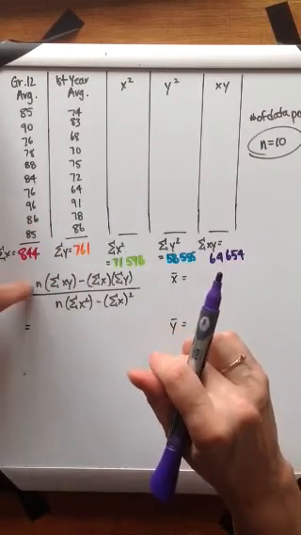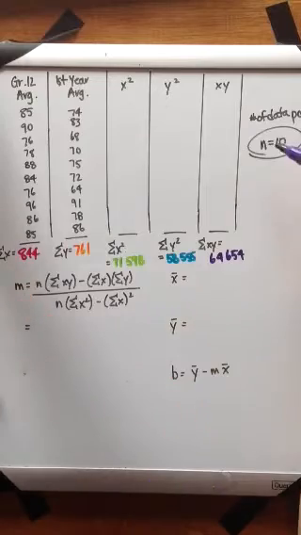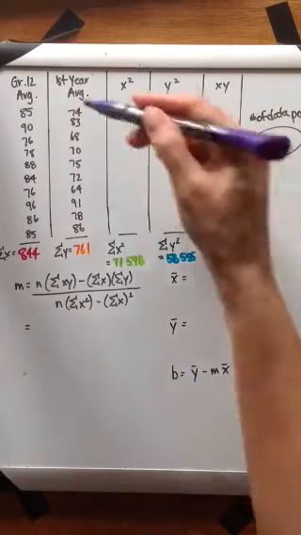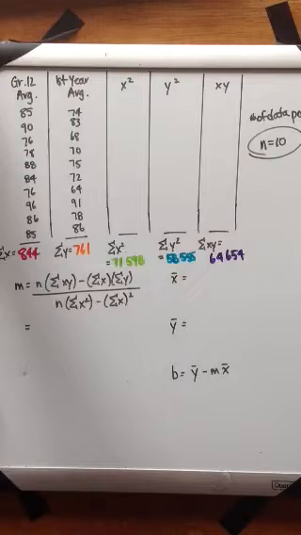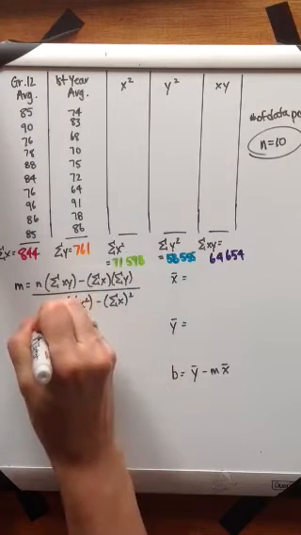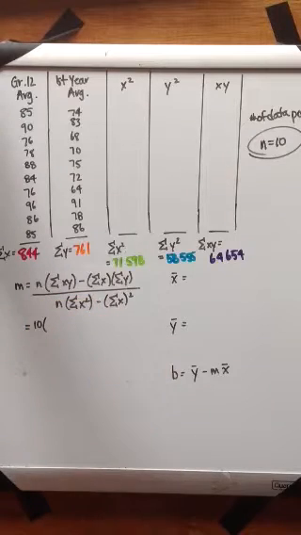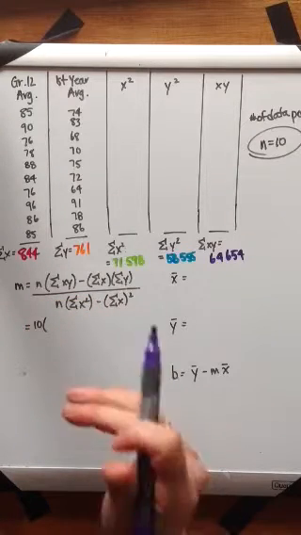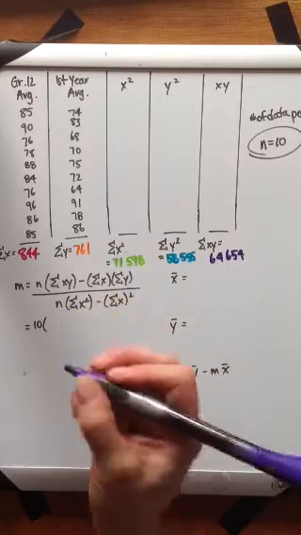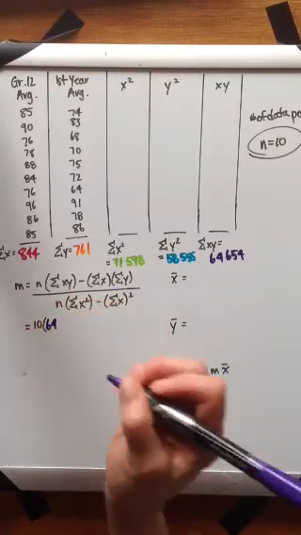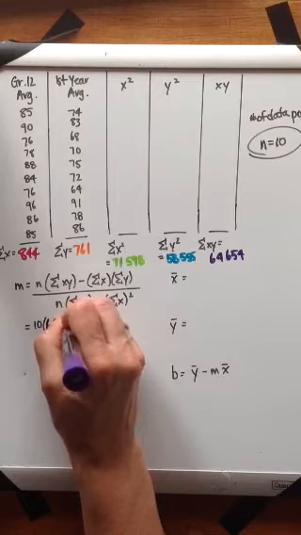We also notice that n appears in this equation again. N is the total number of data points that you have, which is 10 in this case. So let's plug in some values. We have an n value of 10. We have a sum of x times y values of 64,654.